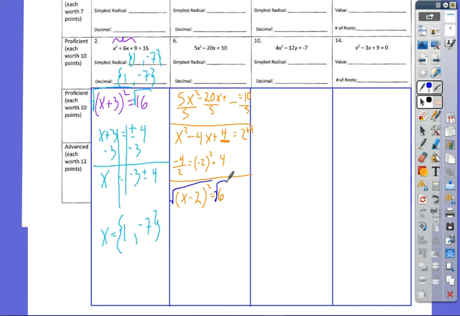I knew what the answer was. All right, so we take the square root of both sides. And Tyler, you will not be surprised to find that for the left side of the equation, what will I get? X minus 2. All right, and I don't need the parentheses anymore. And I'm just left with plus or minus the square root of 6 on the right.